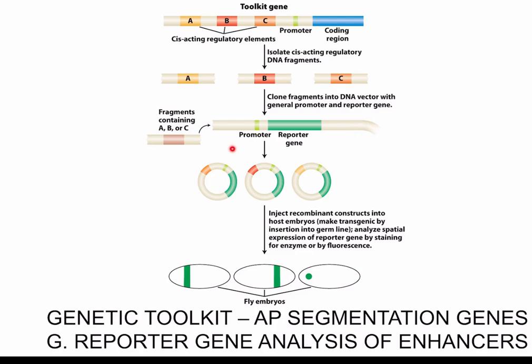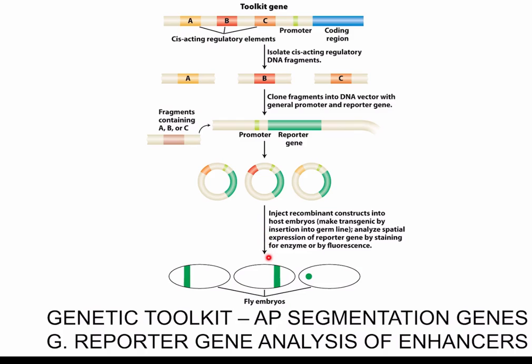And what you do in a reporter assay is you build a synthetic gene where you have a reporter gene whose RNA or protein can be detected easily using in situ hybridization or immunolocalization, respectively. And this synthetic gene also has the promoter, and you can introduce different enhancers here, for example, A, B, or C, into the synthetic gene, making 3 different versions of the synthetic gene.